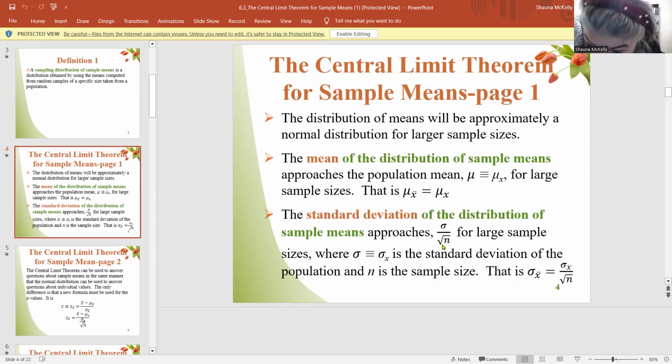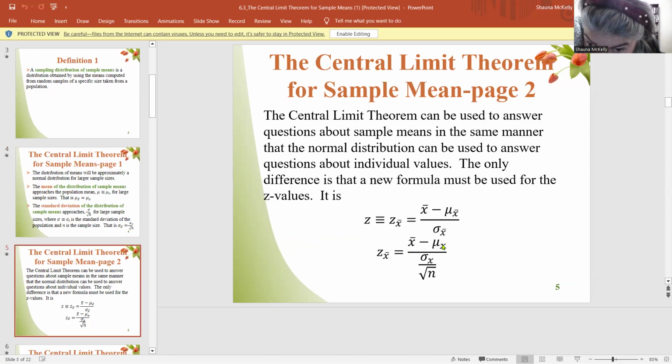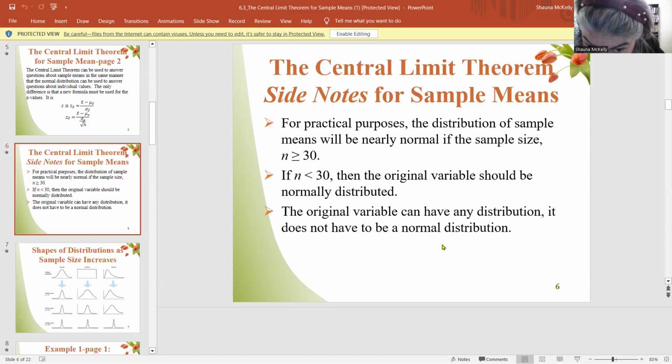Okay, now the next thing it says is, what does it say about the size of the sample itself? Here's my formula, which you've already seen. Here's what it says: for practical purposes, the distribution of sample means will be nearly normal if the sample size is greater than or equal to 30.